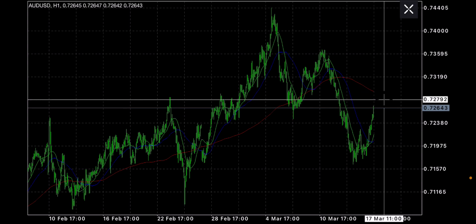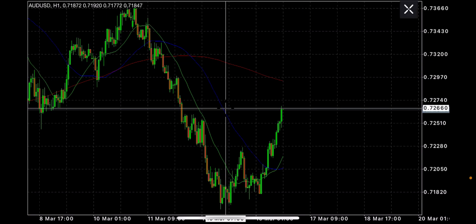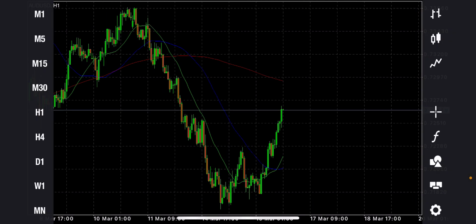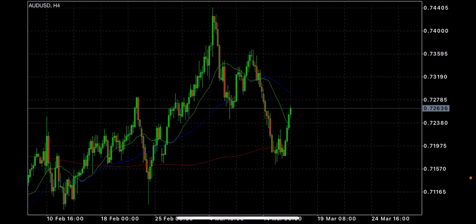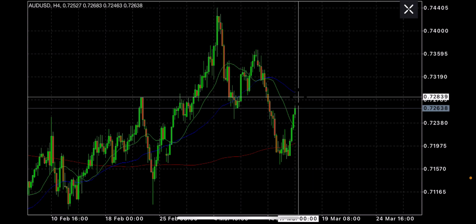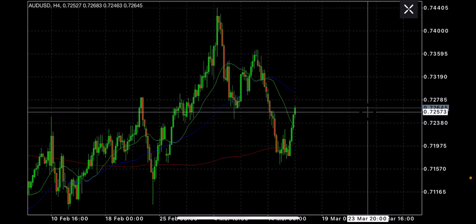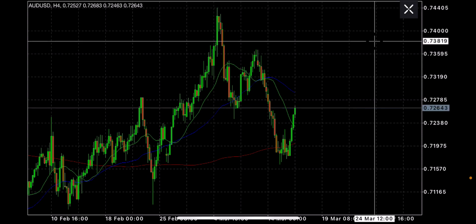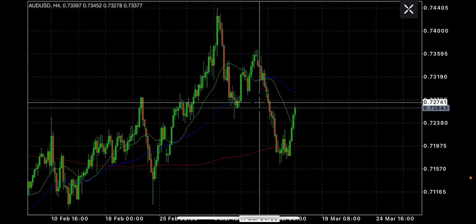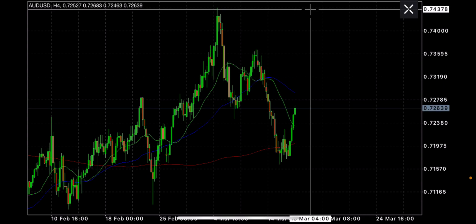So we could continue to see a push up to this area here before we start to get some shaky rumblings and a pathetic push down and then up. But we have to clear this area here, and this area here, before we can truly say that we're sustaining our uptrend.